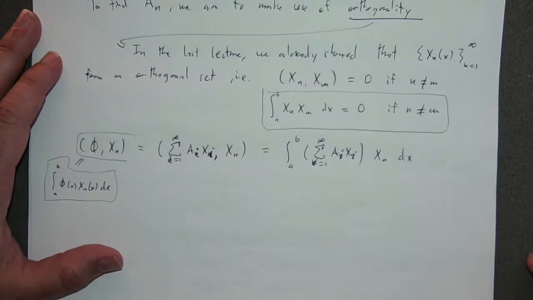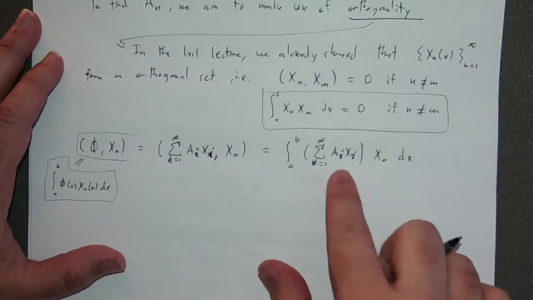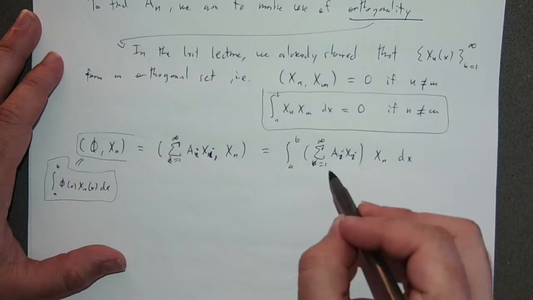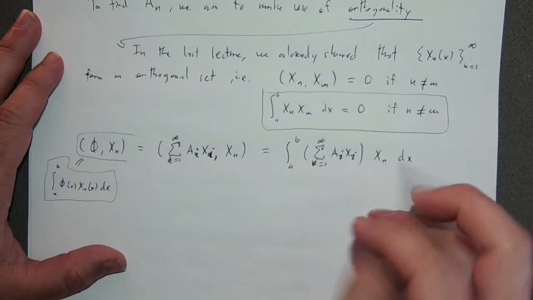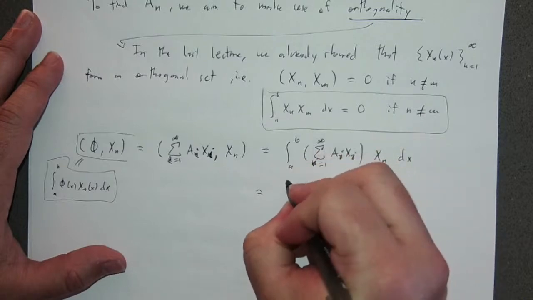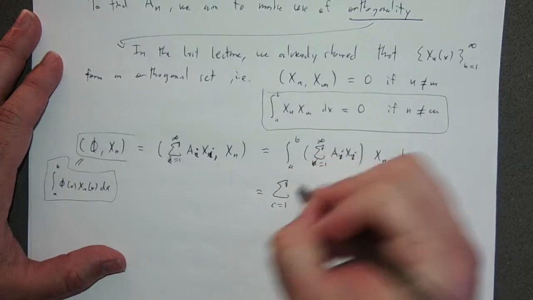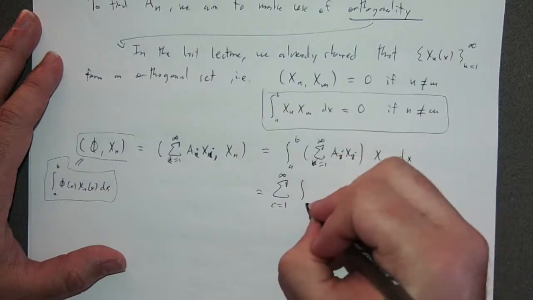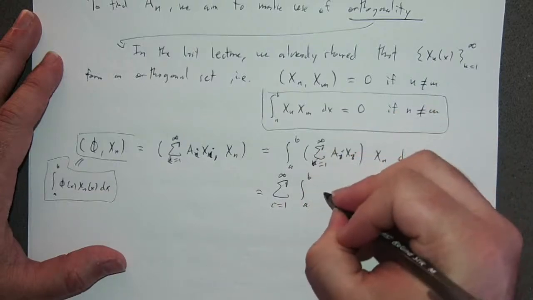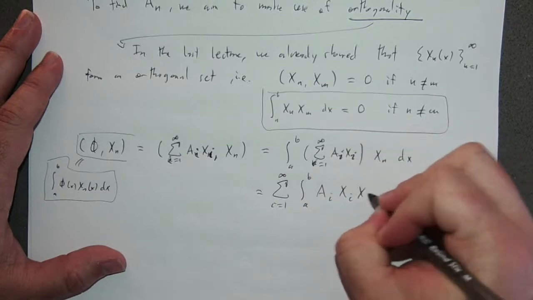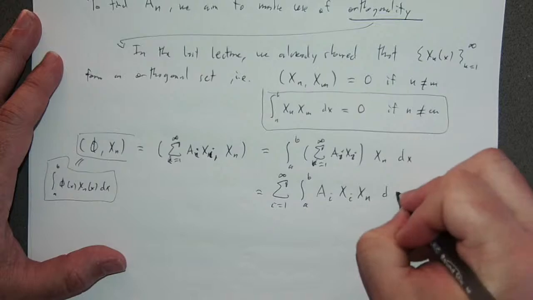Of course, this x sub n is multiplied by this entire sum. I can distribute that and swap the integral and the sum sign, so that this is the sum from I equals 1 to infinity of the integral from a to b of a sub I x sub I times x sub n dx.